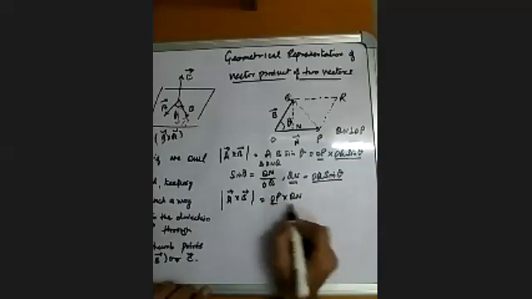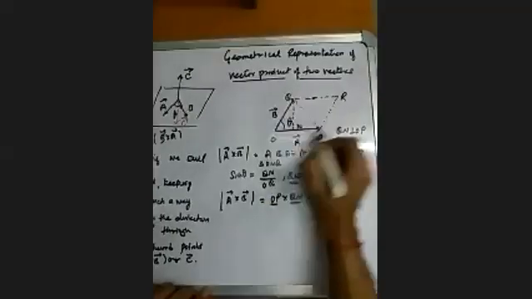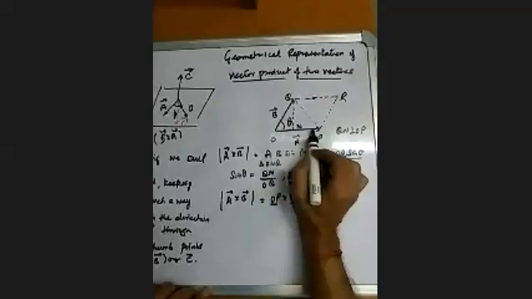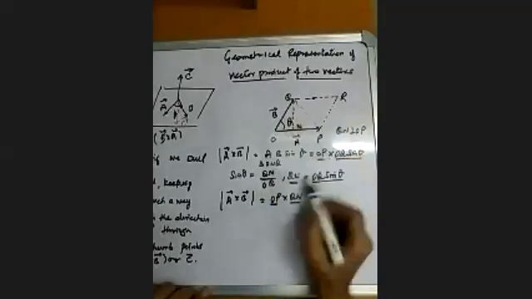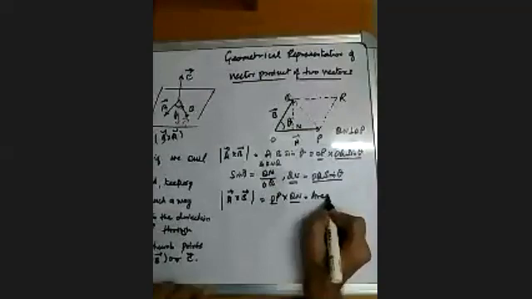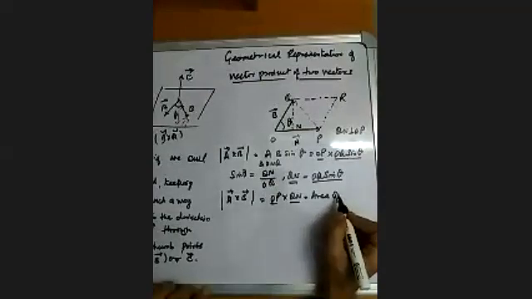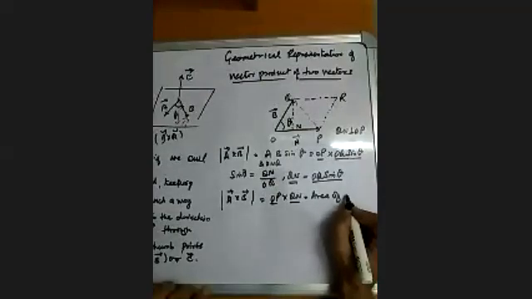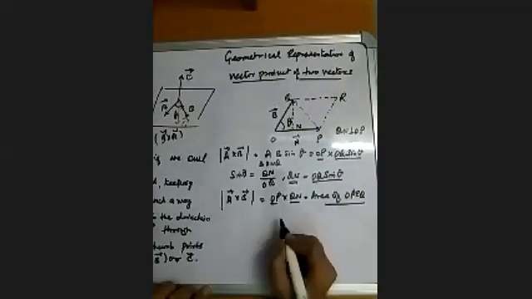And what is OP multiplied by QN geometrically? OP multiplied by QN gives you the area of the parallelogram OPRQ.